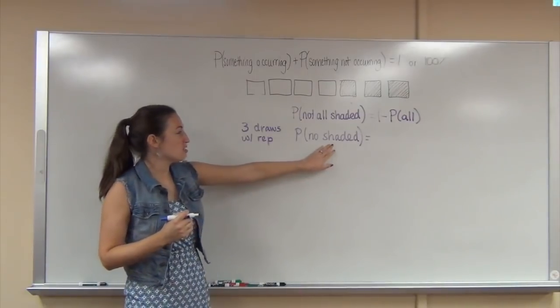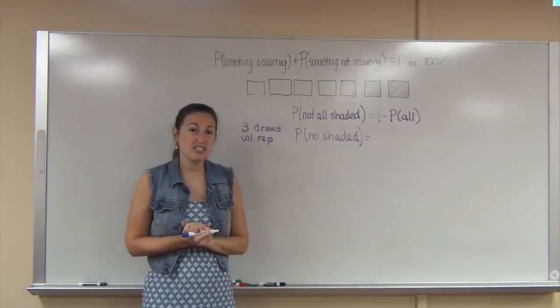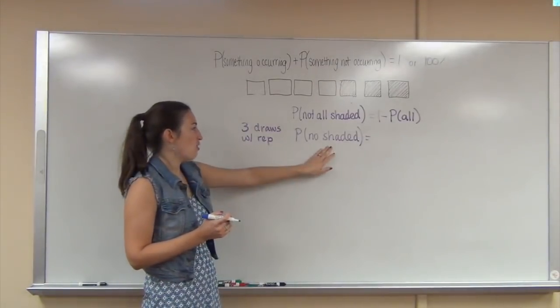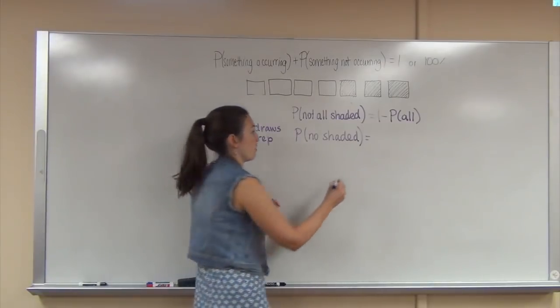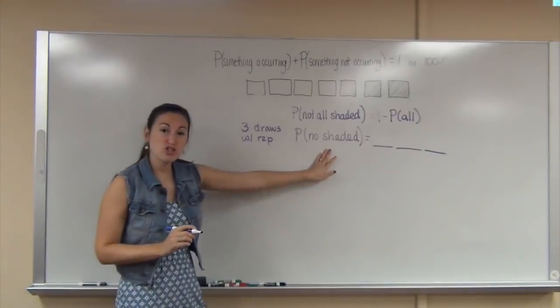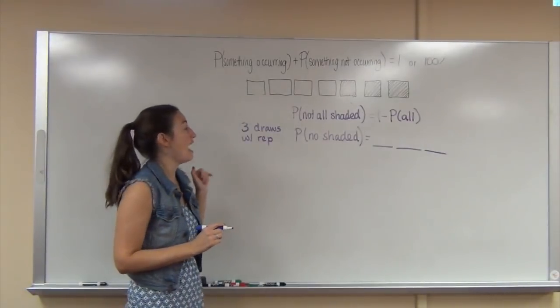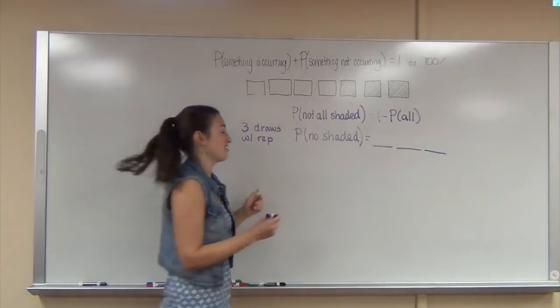If I asked you what's the probability of drawing 3 times with replacement and getting no shaded tickets, well, this isn't one of our special cases, we can just calculate this directly. We can just say, okay, on my first draw, what's the chance that I do not get a shaded ticket? 4, right, out of 7.